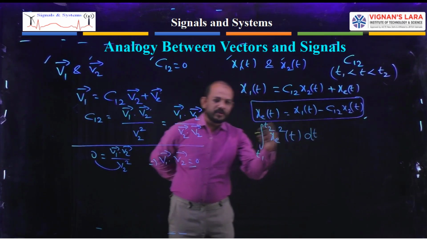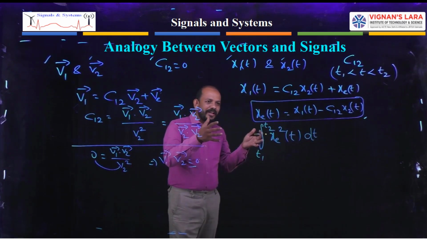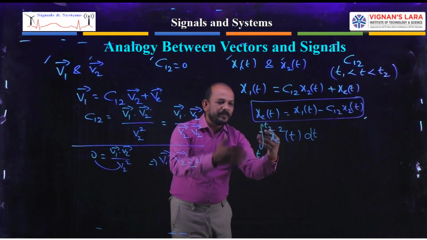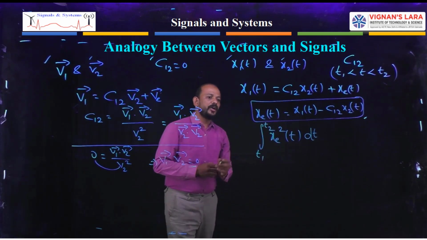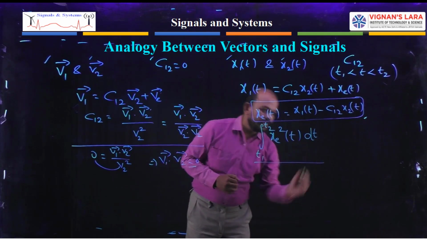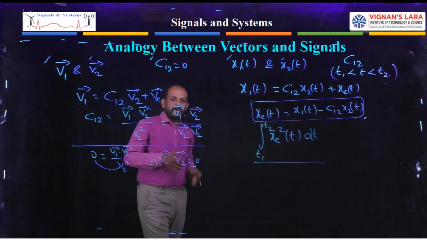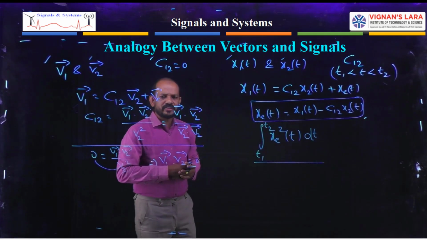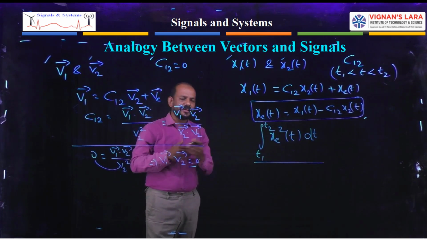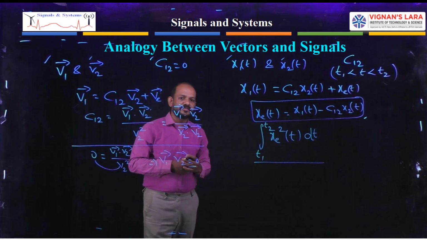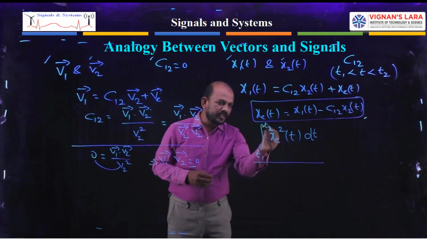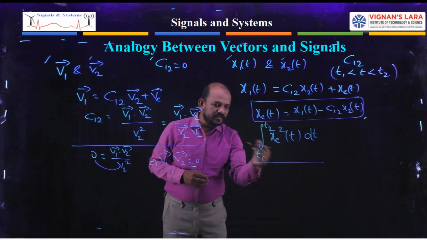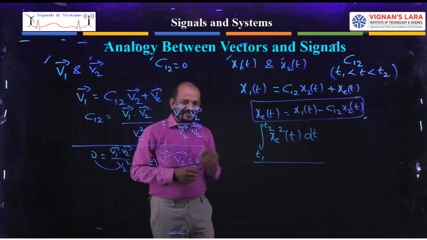This will give the addition of all the values of x square of t inside the limits t1 to t2. Then I have to go for the denominator. In general, how can you get the average? I add all the terms in the numerator, and in the denominator I write the count of the numbers. So here also I have to write the total period, which is the upper limit minus the lower limit, so t2 minus t1.